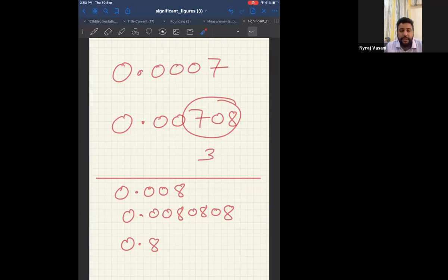Else means if the number does not have a decimal point.